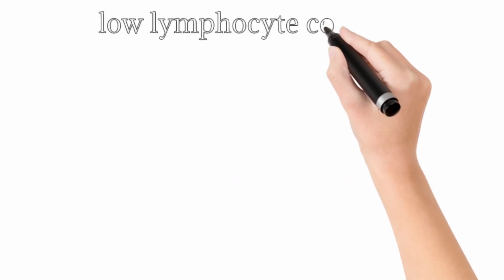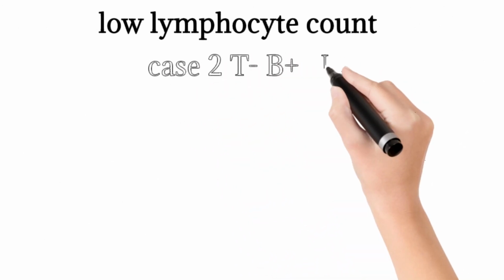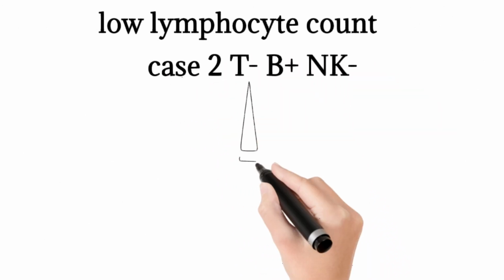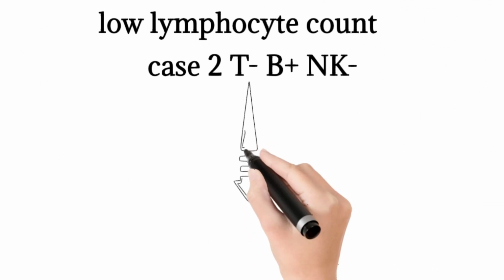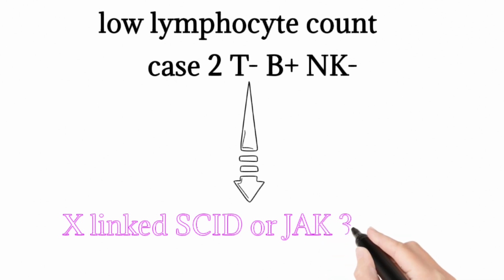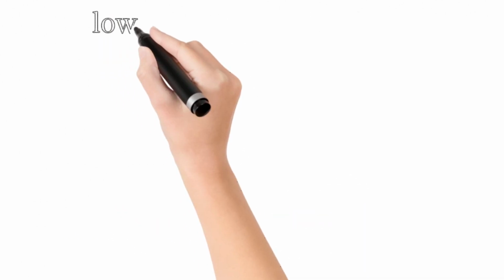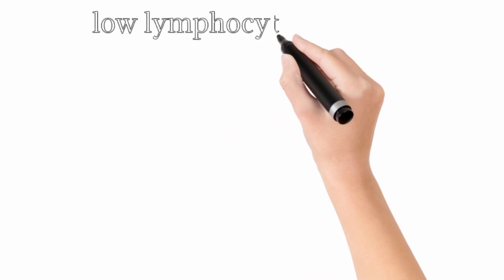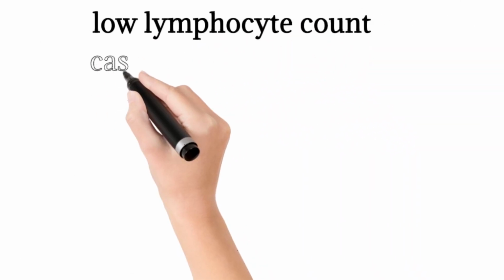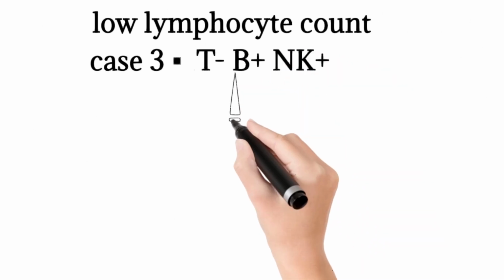Now we have low lymphocyte count. Case 2, we have T negative, B positive, NK negative. Only B cell is present. Then we have X-linked severe combined immunodeficiency or JAK3 deficiency. Again we have low lymphocyte count, and case 3, T negative, B positive, natural killer positive.